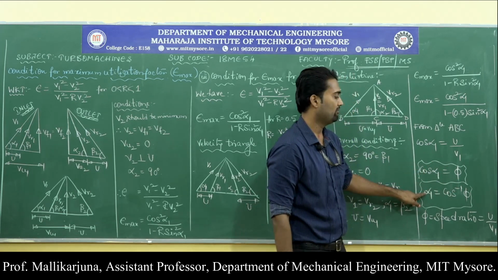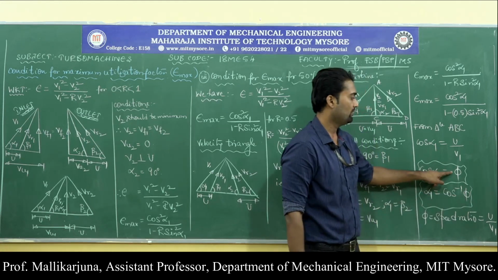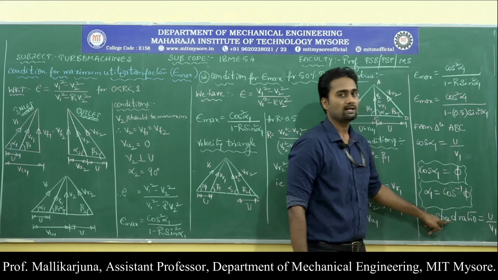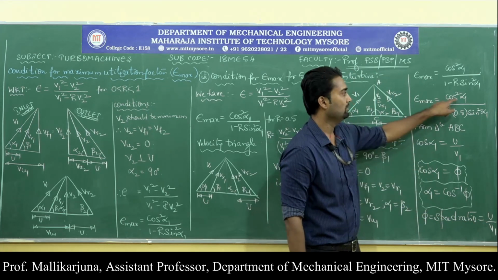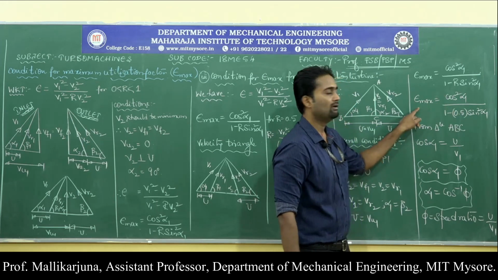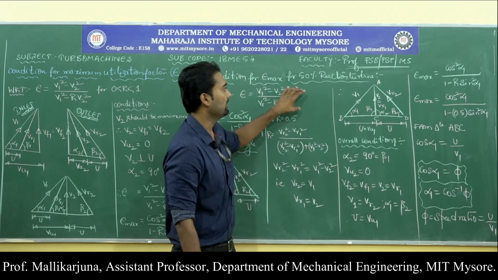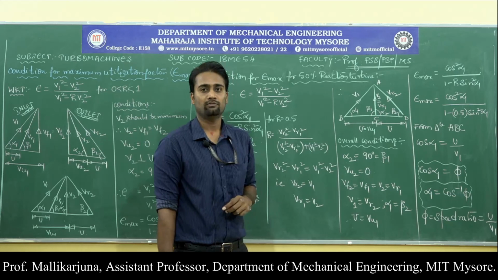Now alpha 1 is equal to cos inverse of phi, where phi is nothing but U by V1. U by V1 is considered as speed ratio. You can substitute this cos alpha 1 value over here and then you can finalize the value of maximum utilization factor for the turbines whose degree of reaction is 0.5 or 50%.